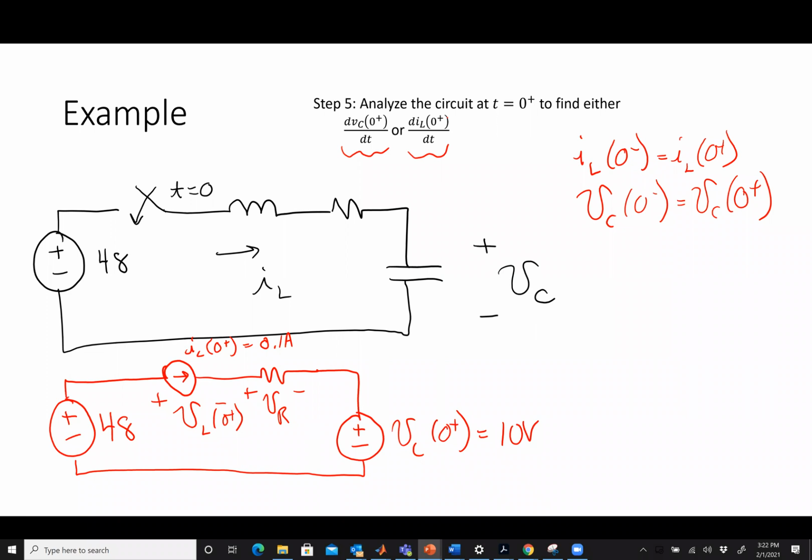Okay. And I got to remember dVc/dt equals what? What does dVc/dt equal to? IL over C. Yeah, I'm going to say in general, IC over C. In this case, IC and IL are the same, right? And then if I looked at dIL/dt, what's that equal to?